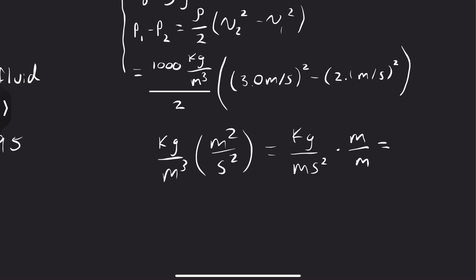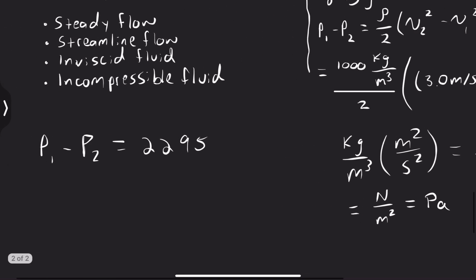And if I rewrite this, it'll be kilogram meter per second squared per meter squared. And this quantity in the numerator is a Newton. So this unit is the same thing as a Newton per square meter, which is the same thing as a Pascal. So our answer here is 2295 pascals.